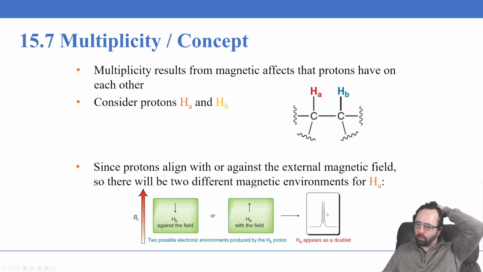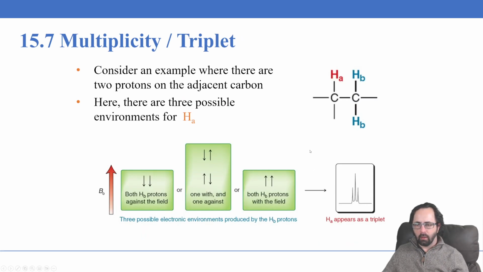And so you're going to get two separate signals. Where the spin state is opposed to the magnetic field, you'll have slightly lower chemical shift, and where it's together with the magnetic field, you'll have a slightly higher chemical shift. When you have two neighboring protons, now on the neighboring carbons, now you have two potential orientations of the spin state.